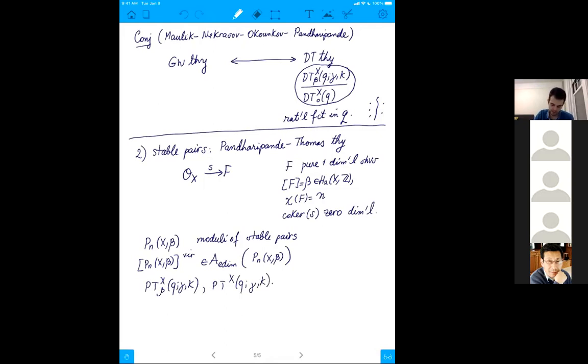Oh, yeah. So one last thing is let's see how this F looks like. So it will be in a short exact sequence: 0 to O_D to F to Q to 0. Maybe I'll use D to not confuse it with the C that I used before. So O_D is the image of the section S, and Q is the cokernel of S. So F is pure of dimension 1, so O_D will also be pure of dimension 1. So D is a Cohen-Macaulay curve.